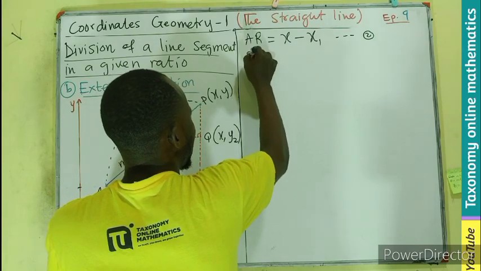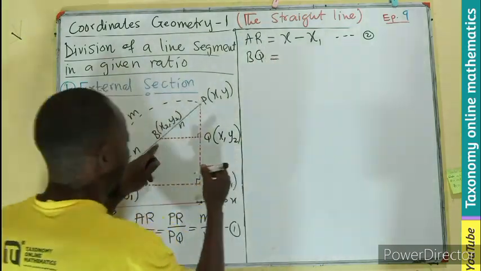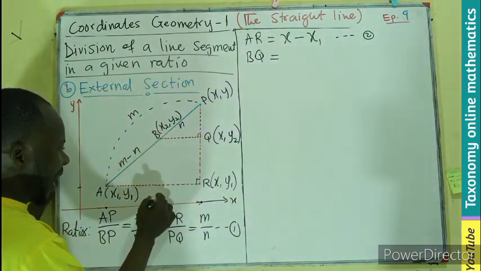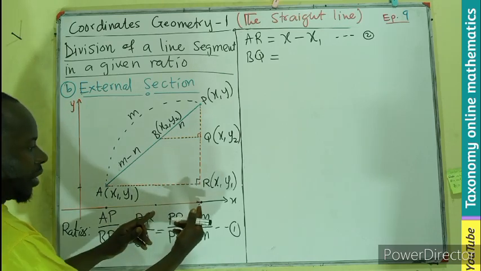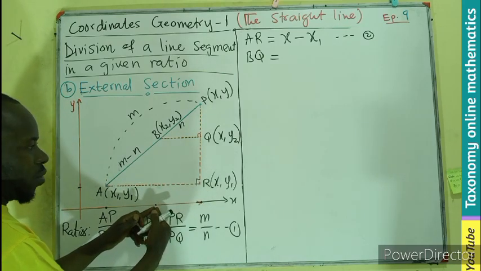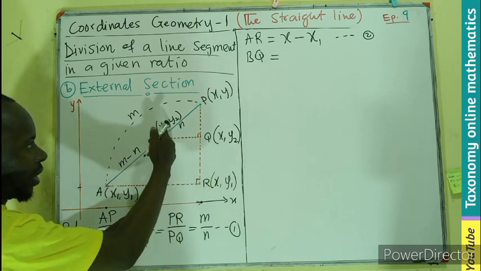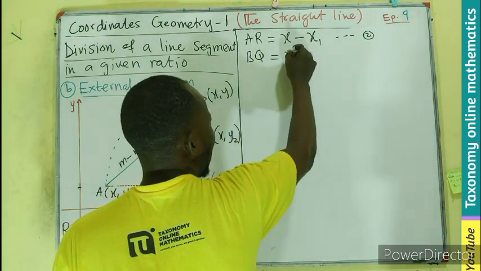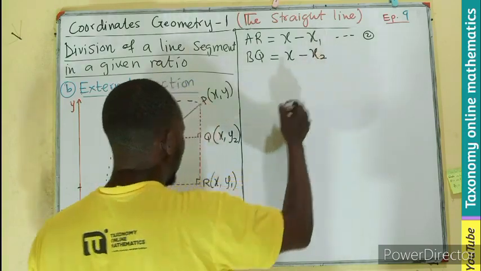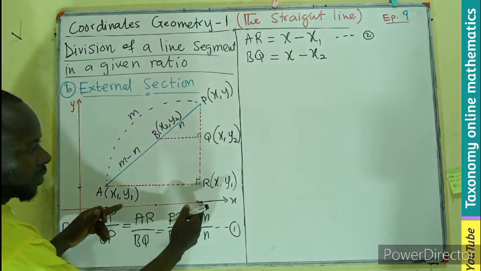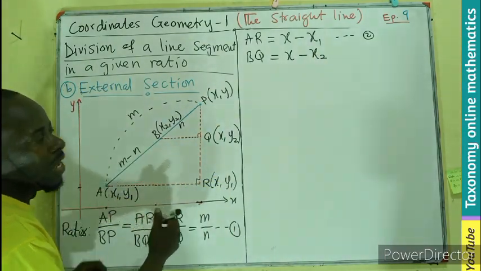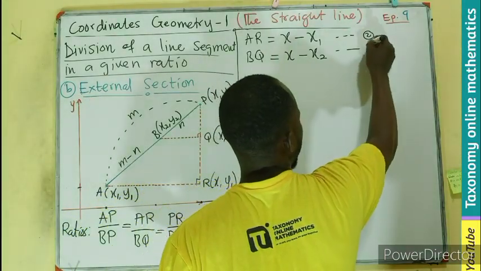That will also be BQ. I am going to still have on the x-axis greatest point minus smallest one. Greatest point will be x, smallest one will be x2. So x minus x2. x is here, x2 is there. That gives us equation 3.